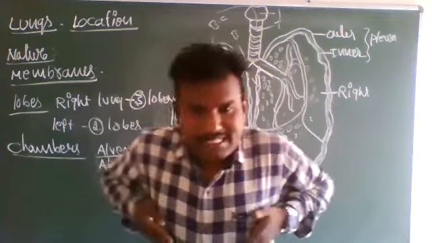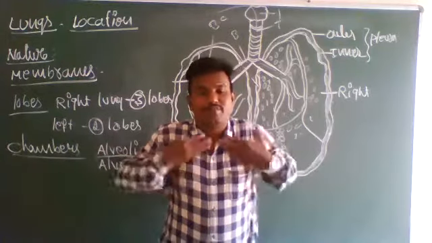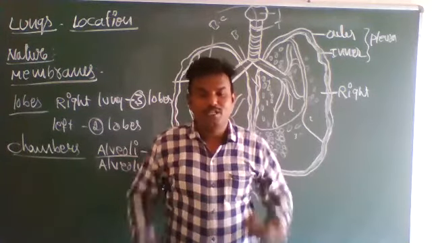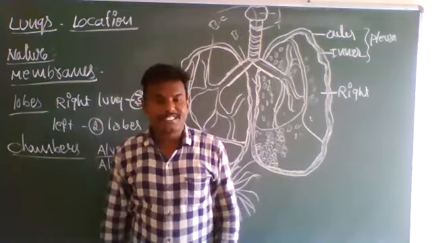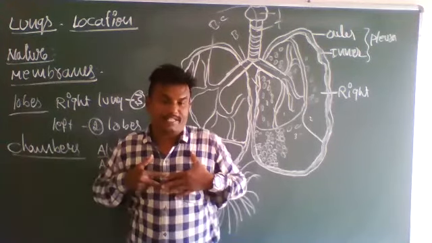See here, lungs are located in the chest cavity, in the thoracic region. Lungs are protected on all sides and accommodated very safely.